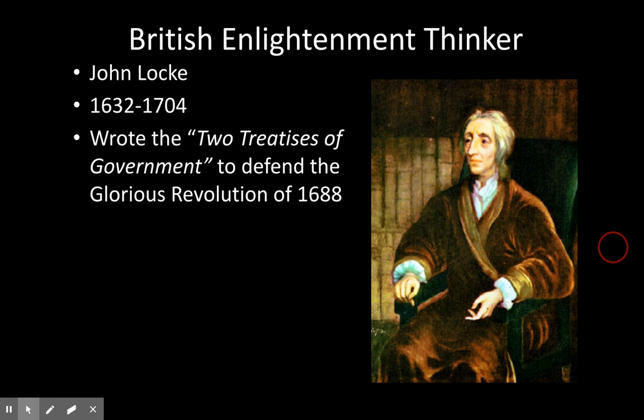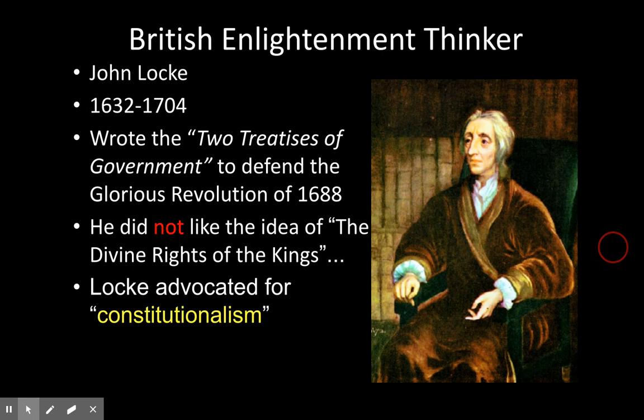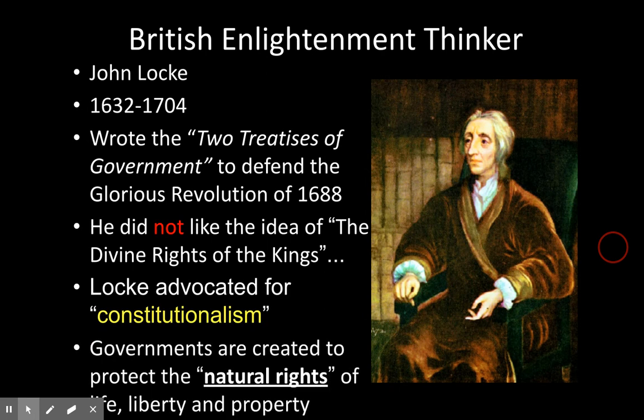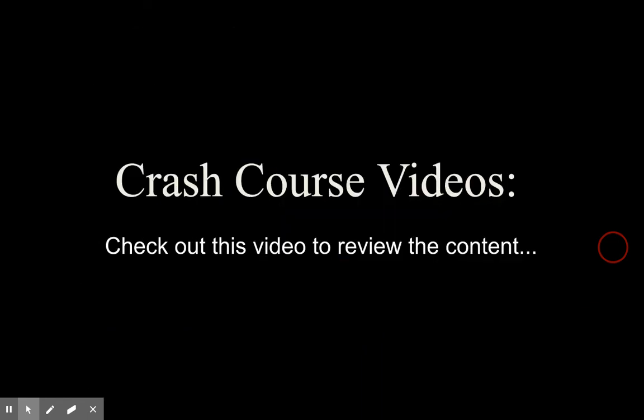He wrote the Two Treatises of Government to defend the Glorious Revolution of 1688. And he did not like the idea of the divine right of kings. He believed in constitutionalism, right? He advocated for it. And he said that governments were created to protect the natural rights of life, liberty, and property. And of course, Thomas Jefferson is going to snag those ideas when he writes the Declaration of Independence.